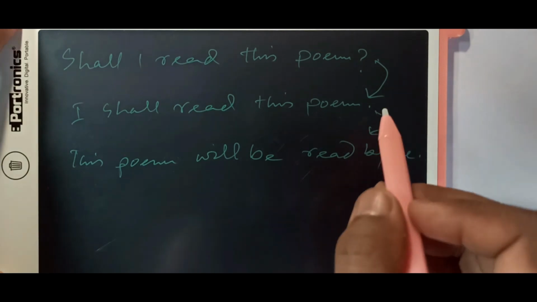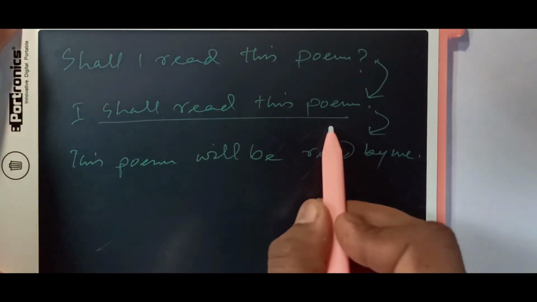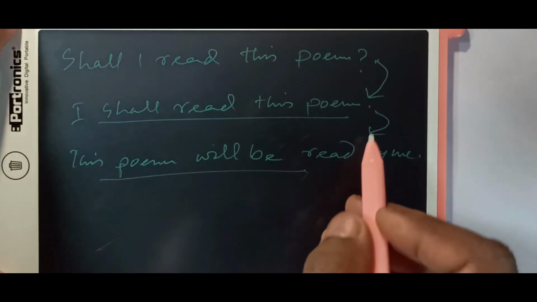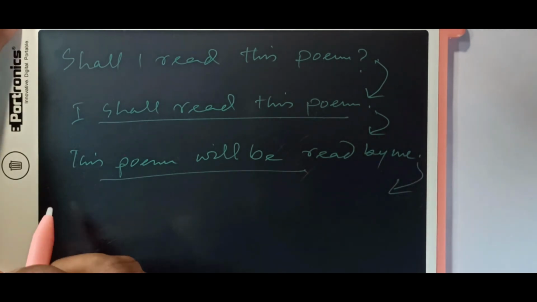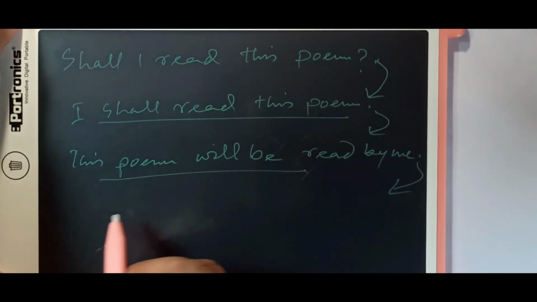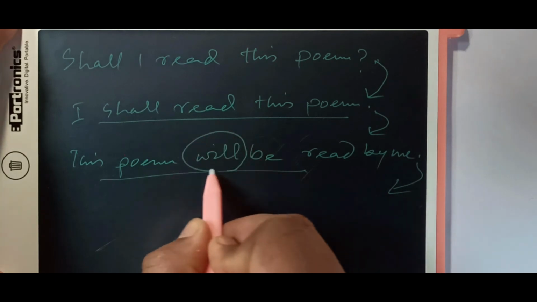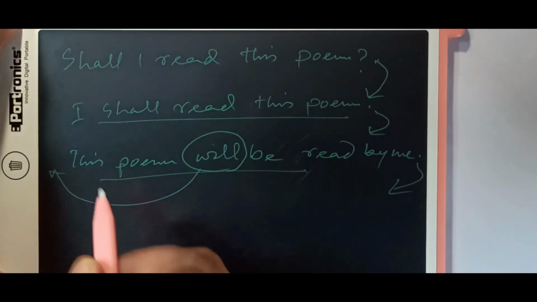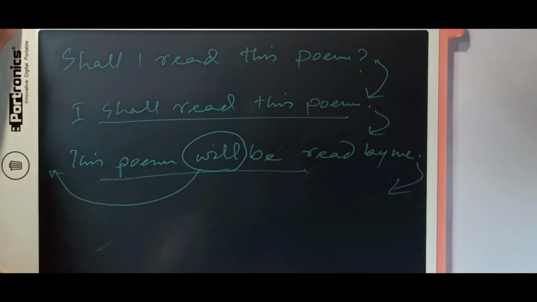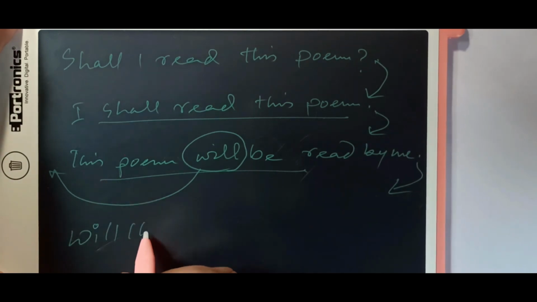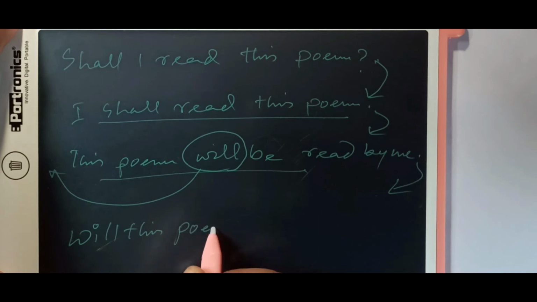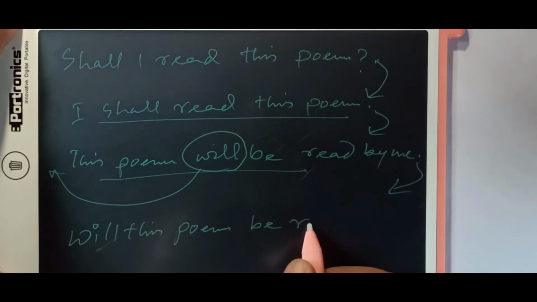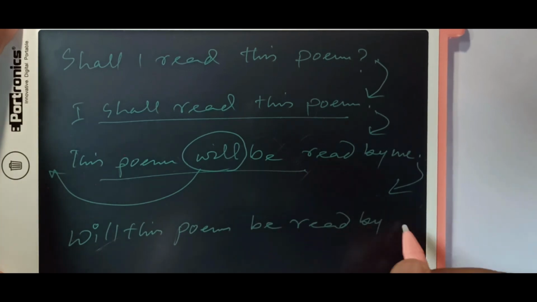This is an assertive sentence, and this assertive sentence is changed to passive. Now we turn it again to an interrogative sentence. What do you need to do? We just bring this auxiliary verb here out of the sentence at the beginning. Then we start with will, and then this poem be read by me. This is how it is.